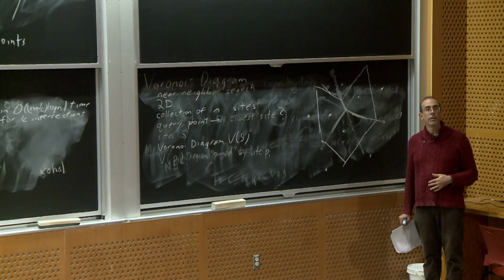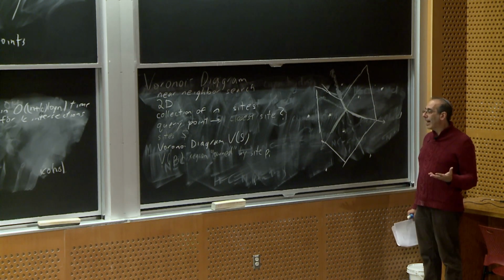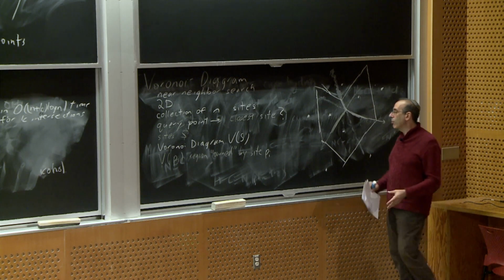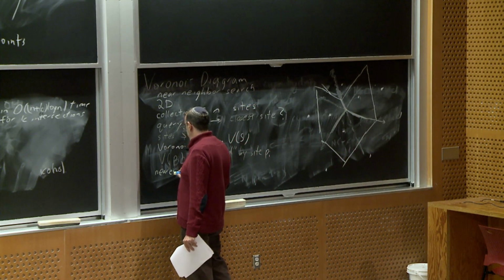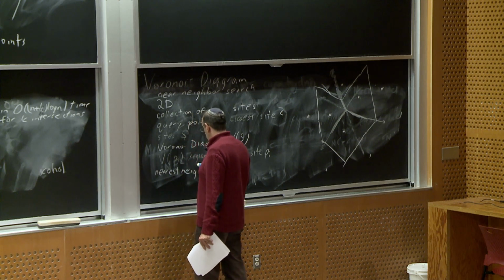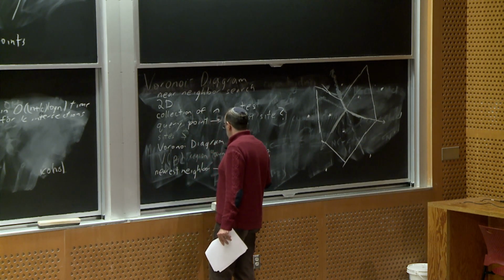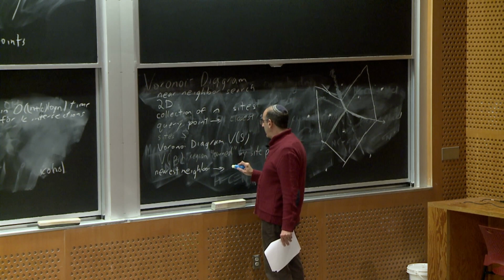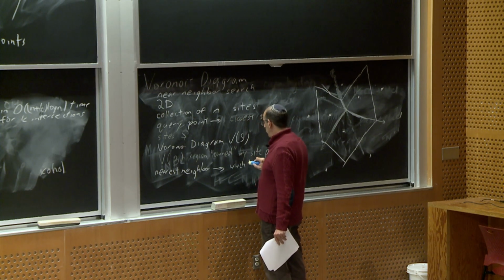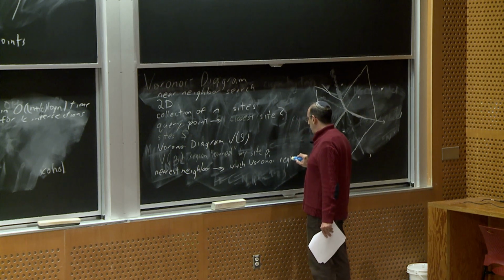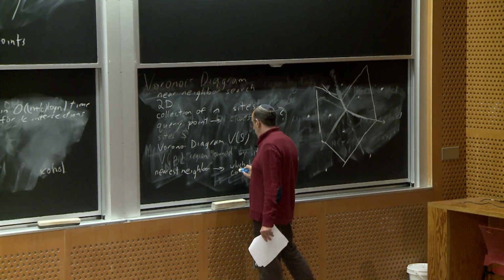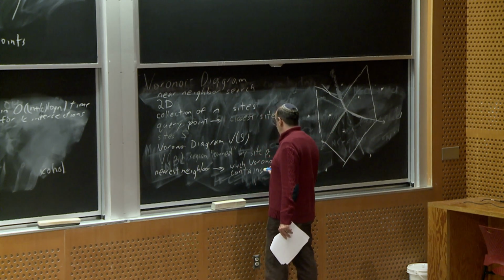Just find which part it is. Exactly. Once we have the Voronoi diagram, solving the nearest neighbor problem is reduced to finding which Voronoi region contains the query point.